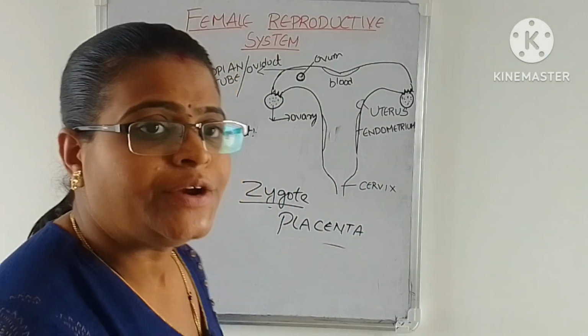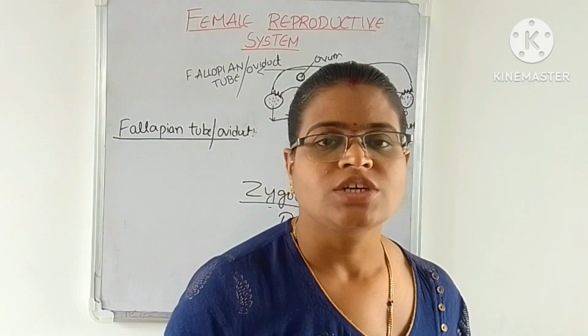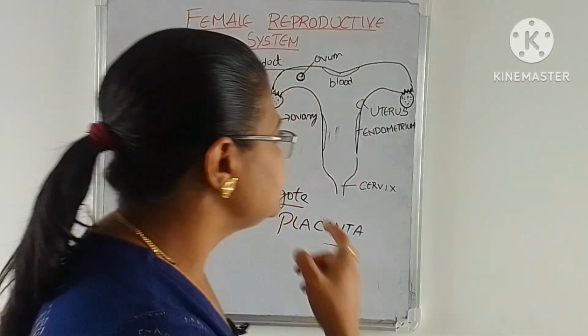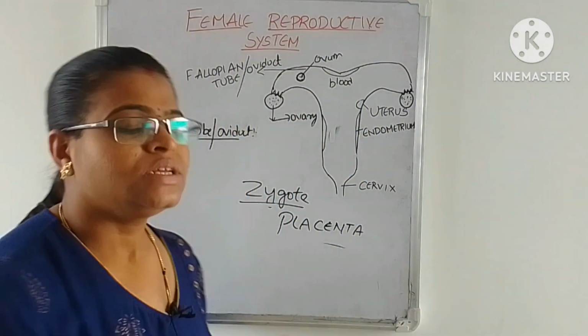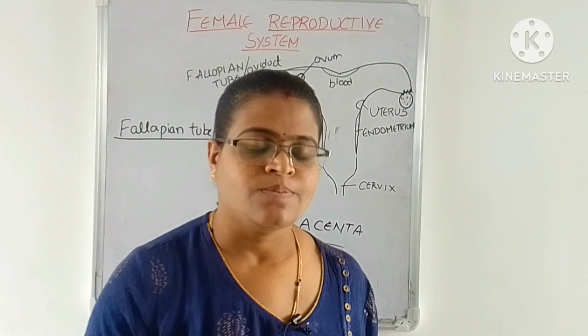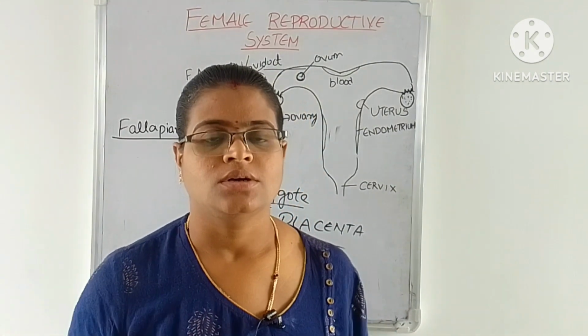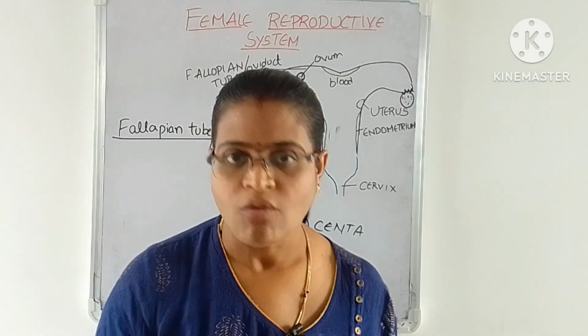So what will the endometrium do? When the uterus is preparing the nutrition for the next baby's development, this endometrium will have a tissue called the placenta, where the baby will stay, where the baby will get further development in the womb.